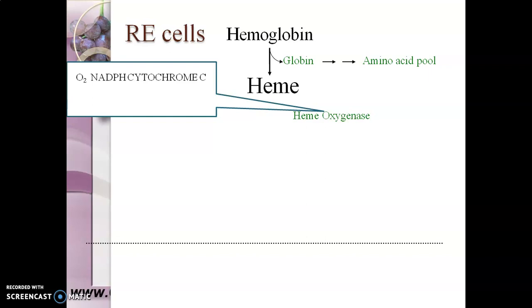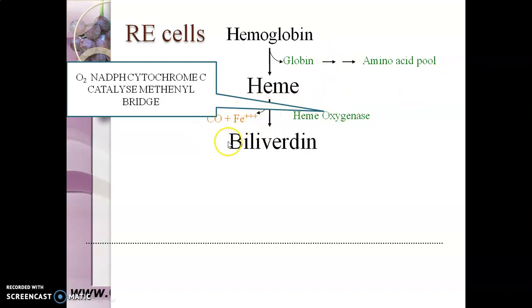They cleave the methynyl bridge between the first and the second pyrrole ring. Heme oxygenase converts heme to biliverdin, and meanwhile it liberates iron in the ferric form, and carbon monoxide is also released.